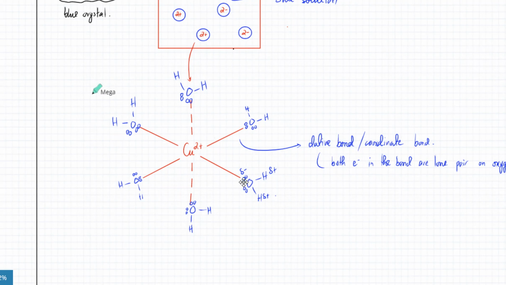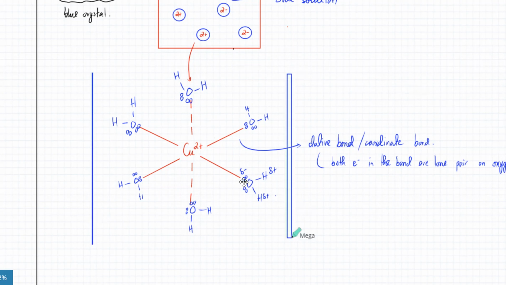So this entire thing is now one thing actually. So the thing that you call copper 2 plus aqueous is not actually just copper 2 plus aqueous. It's copper 2 plus stuck with 6 water molecules. So let me put a bracket around this.